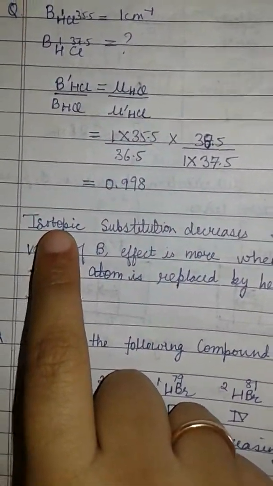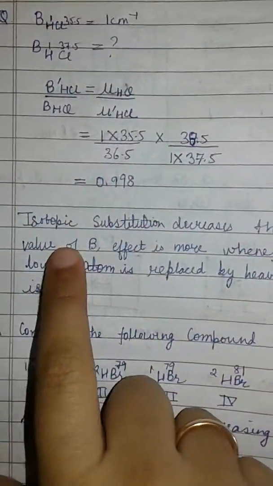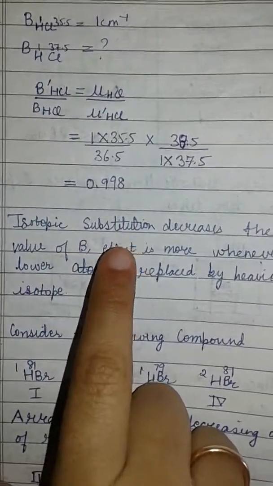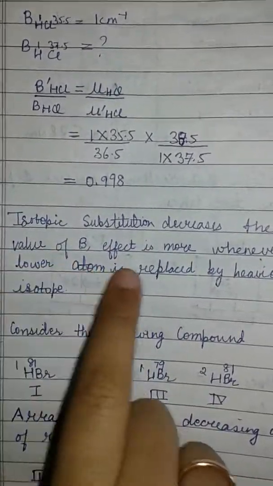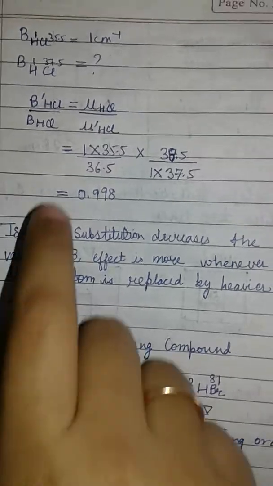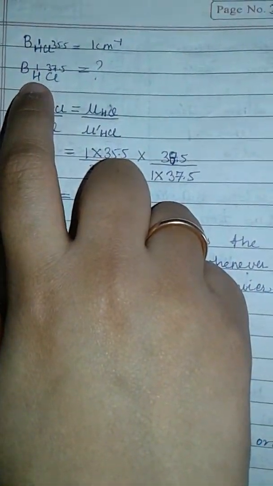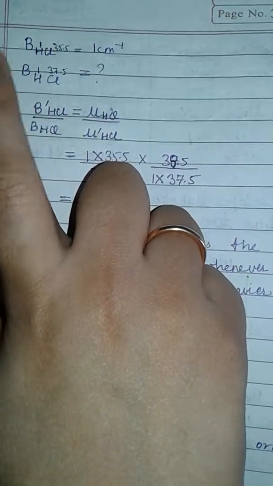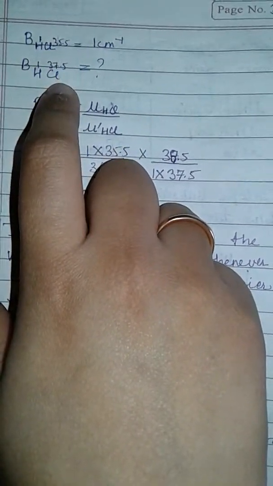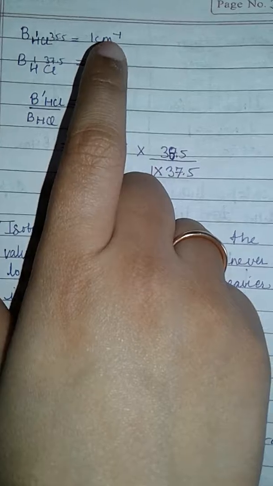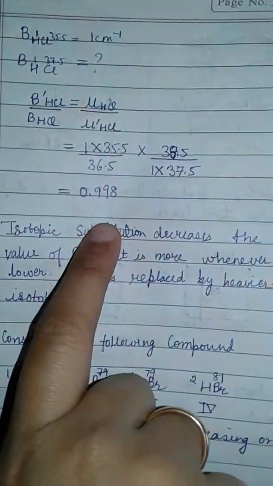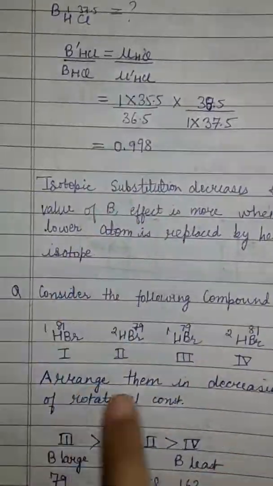So we have concluded that isotopic substitution decreases the value of B in both cases, but the effect is more whenever a lighter atom is replaced by a heavier isotope. When hydrogen was replaced by deuterium, the difference was more. But when the bigger atom chlorine is replaced by an isotope, the effect is less because the difference between 1 and 0.998 is small.